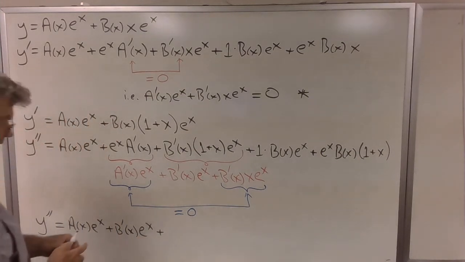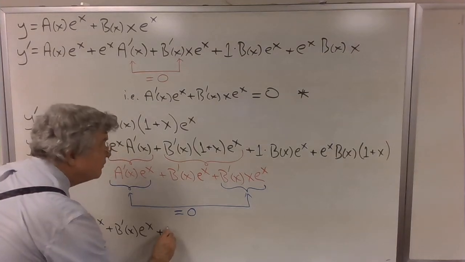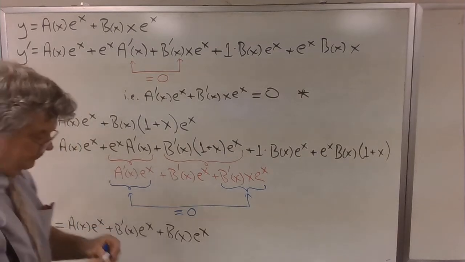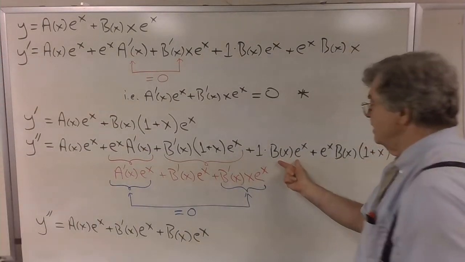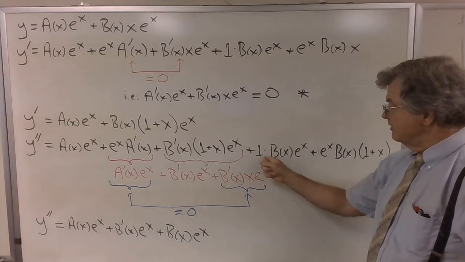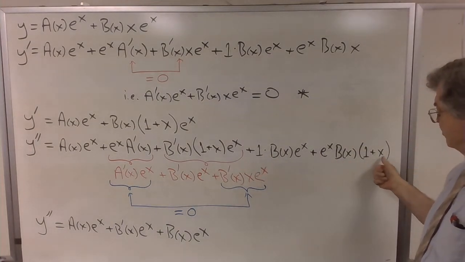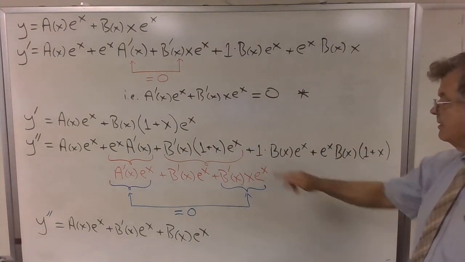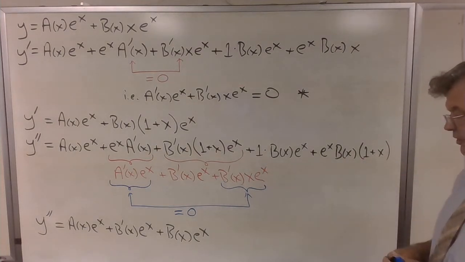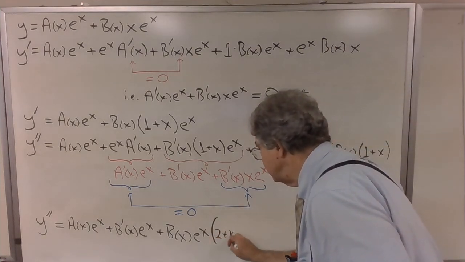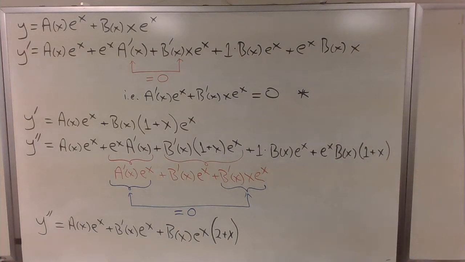I'm sorry, let me write it a little bit differently. We have b of x e to the x times 1, and b of x e to the x times 1 plus x. So 1 and 1 plus x is 2 plus x. That's the remaining factor. Okay. Goodness gracious, great balls of fire.